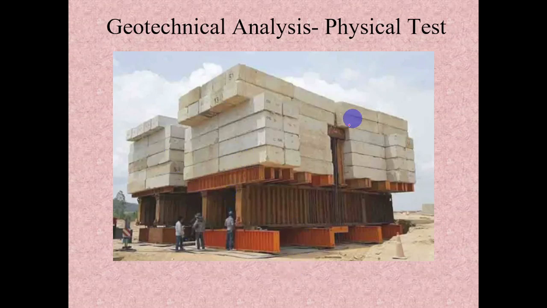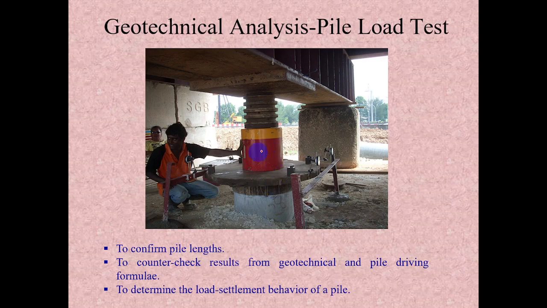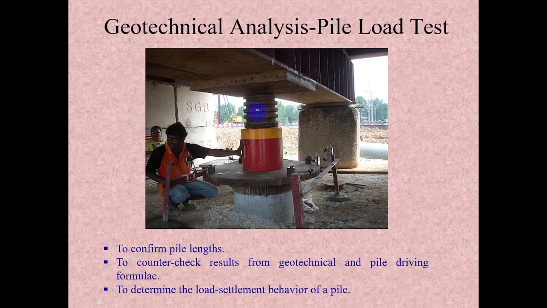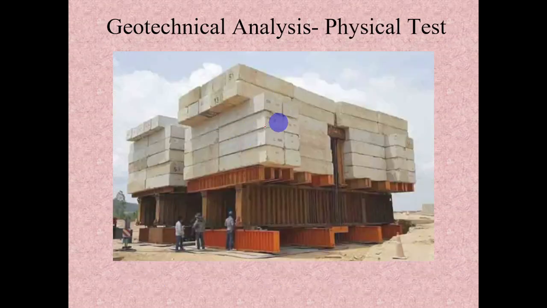What we are seeing here are reaction blocks. After casting or driving the pile, they will do one test like this, under that reaction. If we see inside here, this is a hydraulic jack which is going to apply the load in this direction, and this hydraulic jack is going to get the reaction from these reaction blocks.